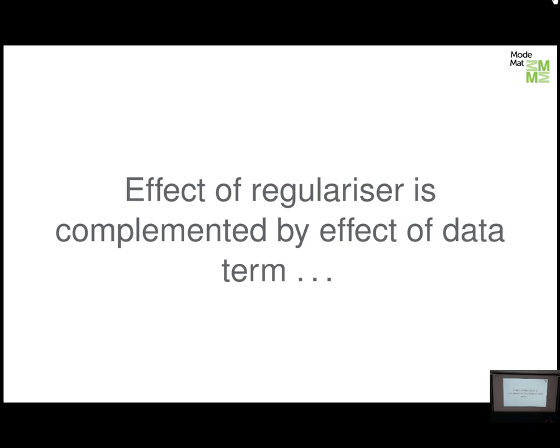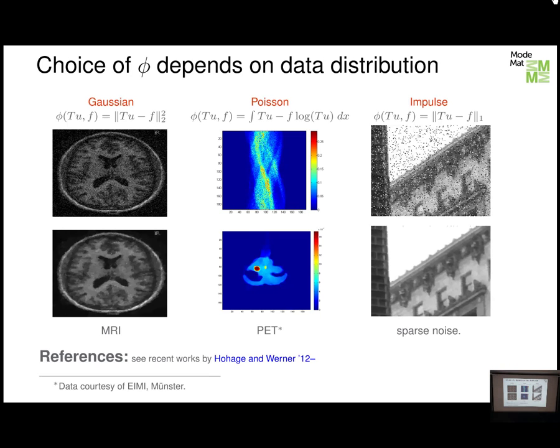So apart from the regularizer, there is an effect that you have on the data term, and you have the different noise models that I was talking about before. So this is the typical Gaussian, the easier one that we use all the time. This is the Gaussian noise model. You have the Poisson noise model. You have the impulse.